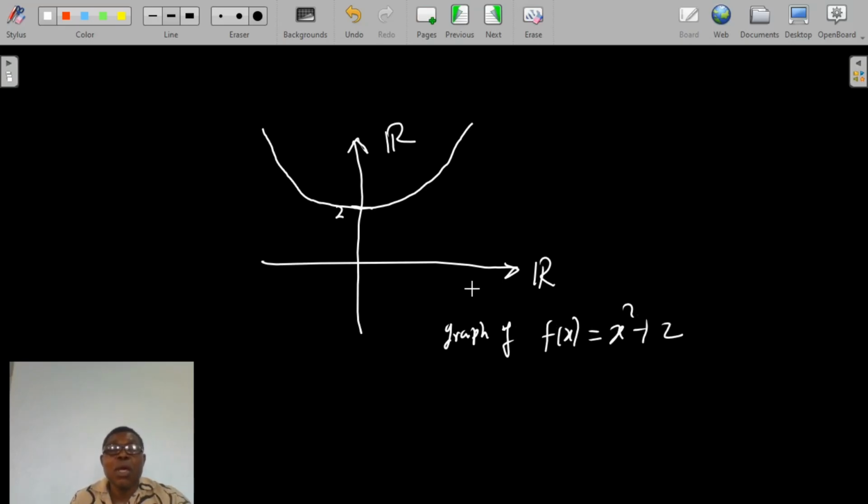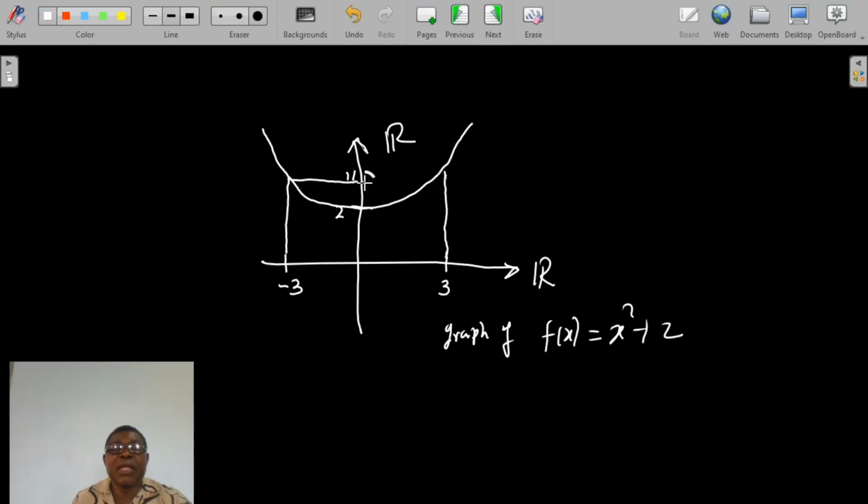Now somewhere here we may have minus 3, and here is 3. So these two points, when you trace them to the curve, you will get that this point is 11. The same thing will happen when you trace 3 to the curve.